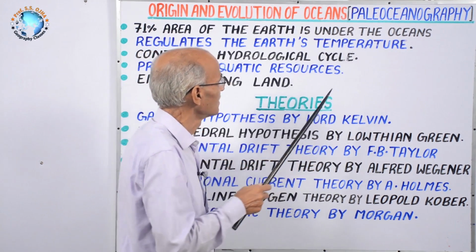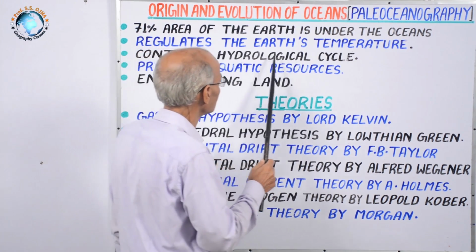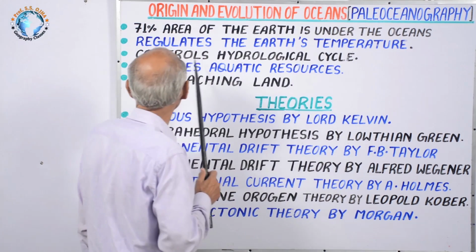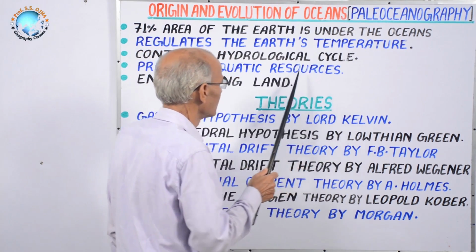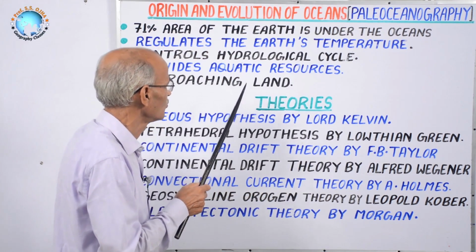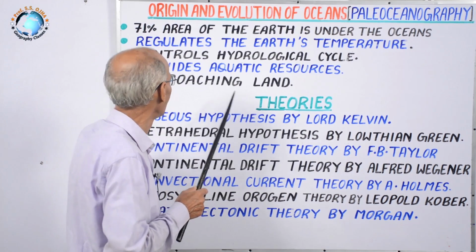earth is under water, and oceans regulate the earth temperature. Next, oceans control the hydrological cycle and provide water to the lithosphere, hence a rich biosphere on land.